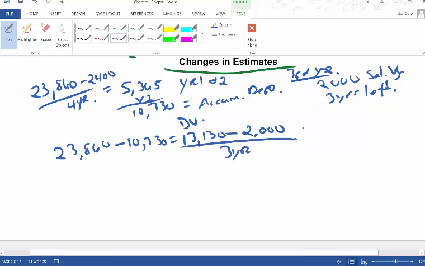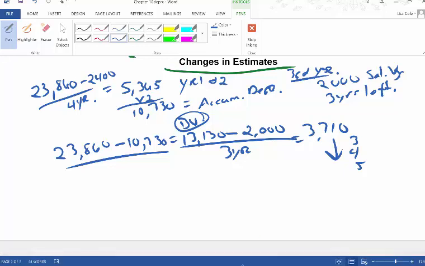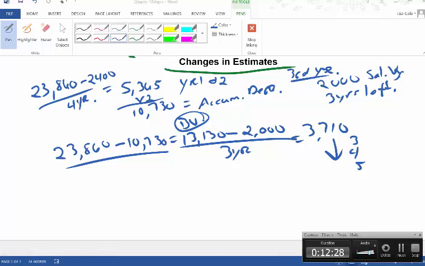And so that would give me depreciation of $3,710 that I can take in years 3, 4, and 5. So that's what you do when you have a change in estimate. You want to start with getting this new book value and then minus your salvage value and divide it by the years remaining. So similar to what we would have done in the past, just by doing straight line depreciation. And so that is it.